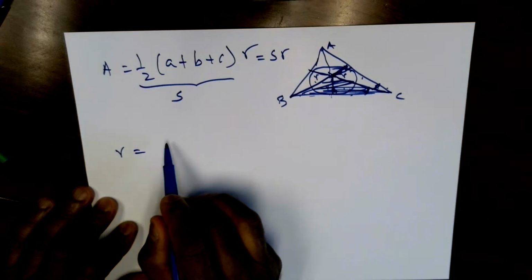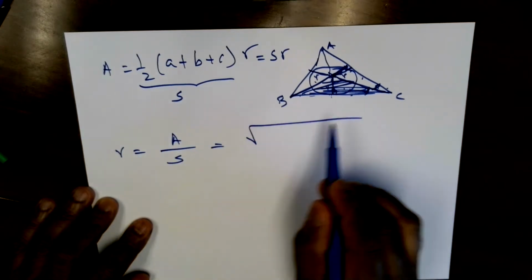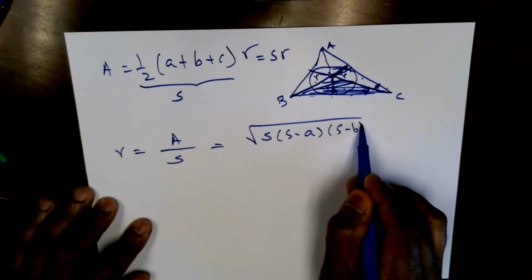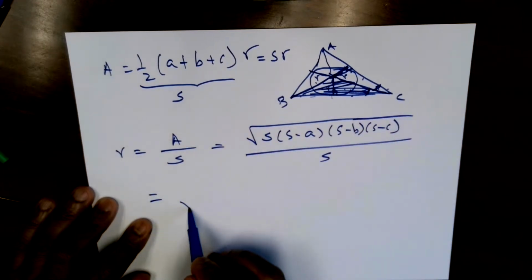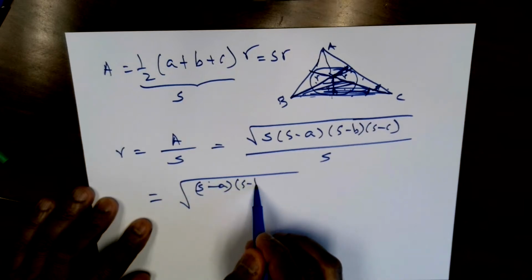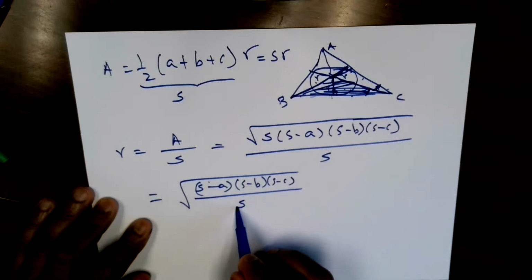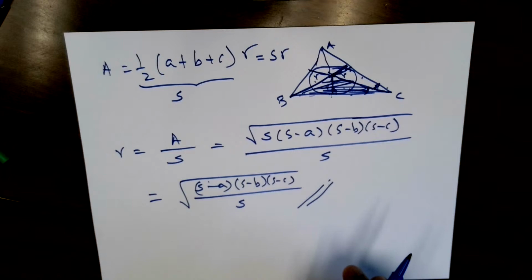So small r is the area over s, and the area is of course the square root of s times s minus a and so on. And so that's the formula for the incircle of a triangle.